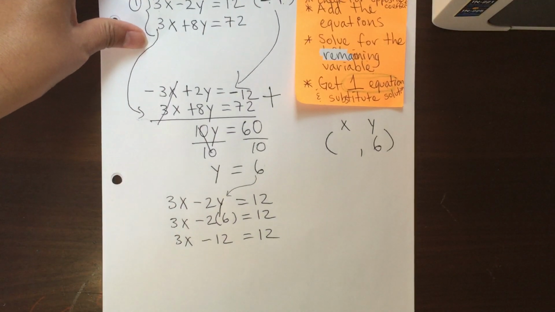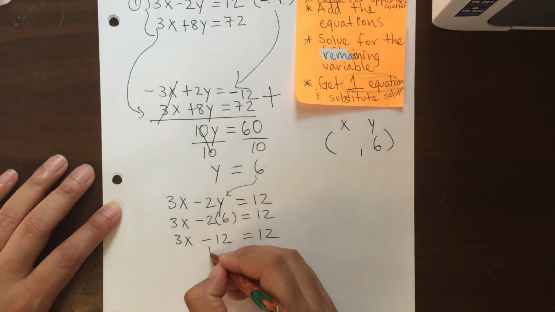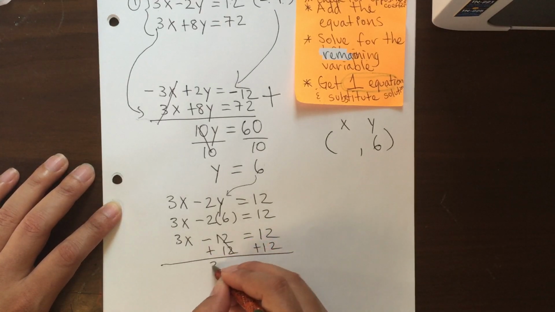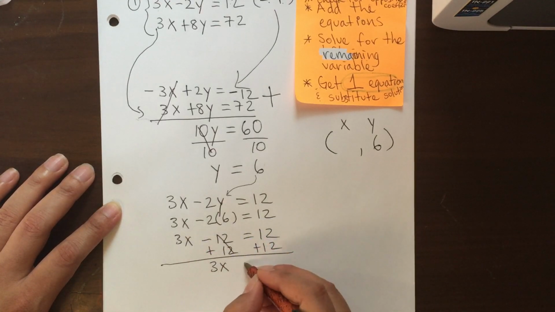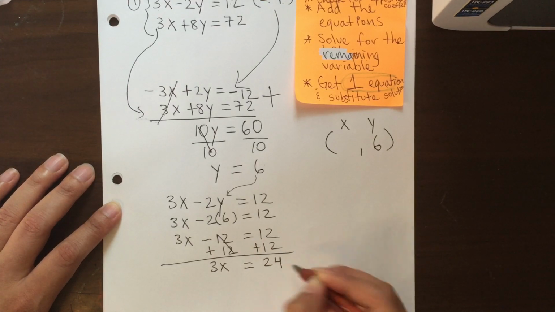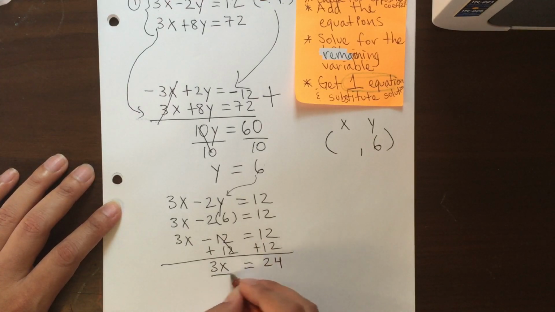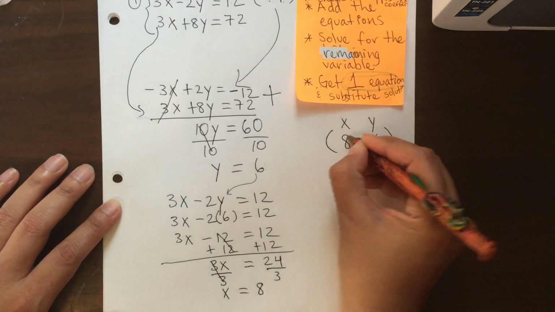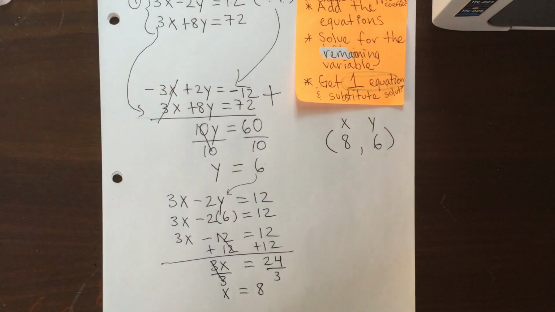Let me put it up a little bit. I cancel by adding. And so 3x is equal to 24. I divide both sides by 3. And my x is equal to 8, because 24 divided by 3 is 8. So I found my solution.